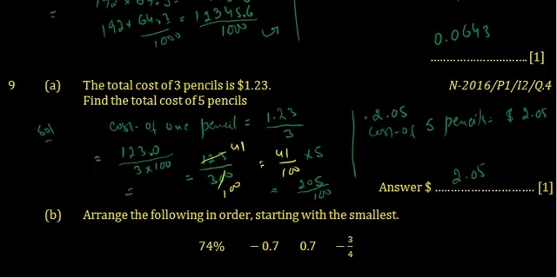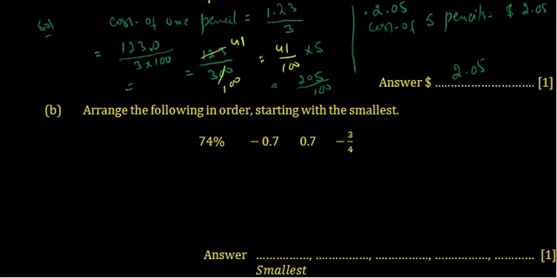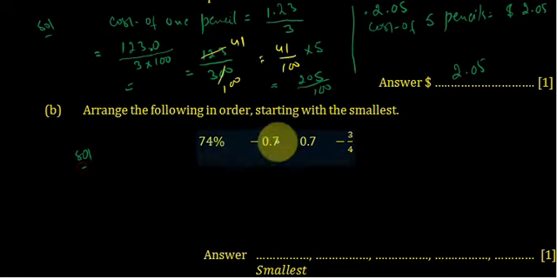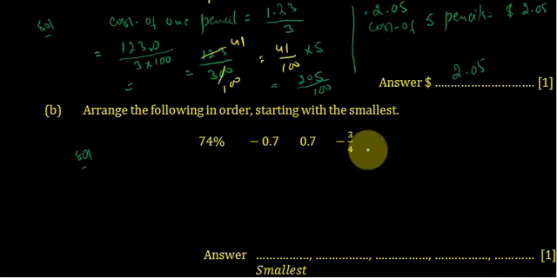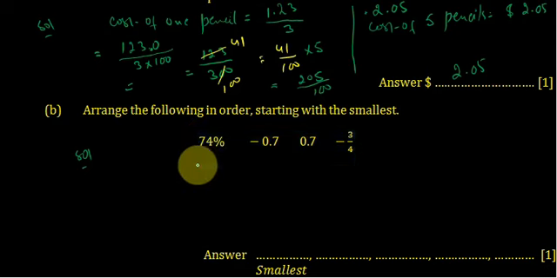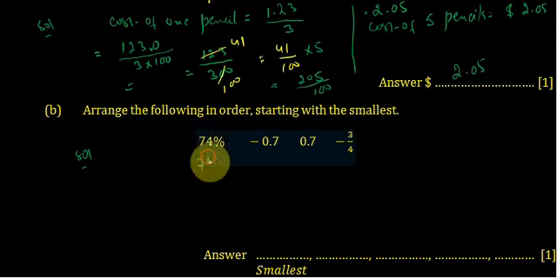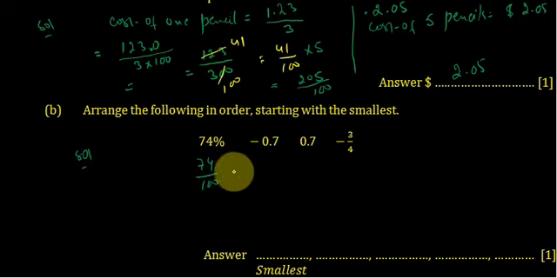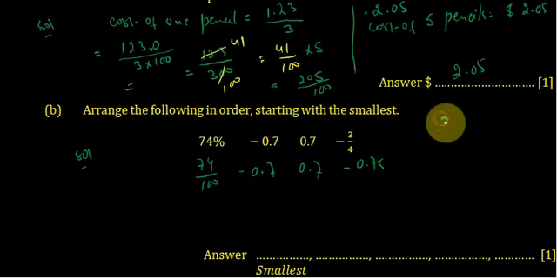Now in part B, arrange the following in order starting with the smallest. We have done this sort of question before. One is in percentage, two numbers are in decimal, and one is a fraction. We convert the numbers to decimal. So 74% means 74 upon 100, which is 0.74. Then there is minus 0.7, which is 0.7, and minus 3 upon 4.